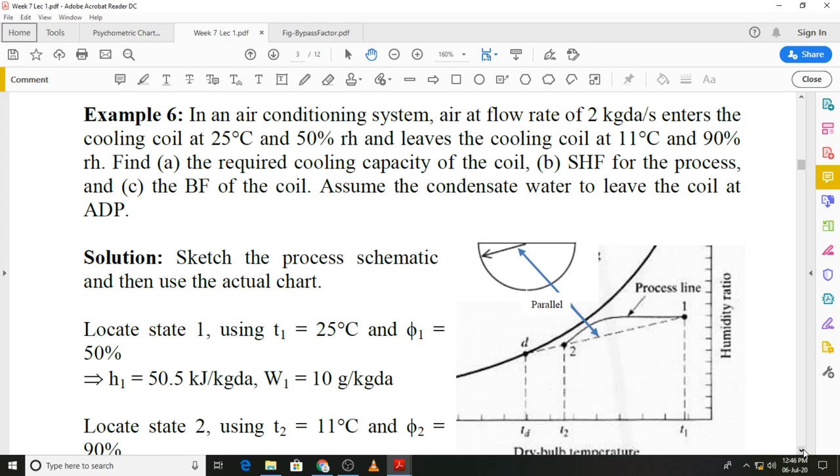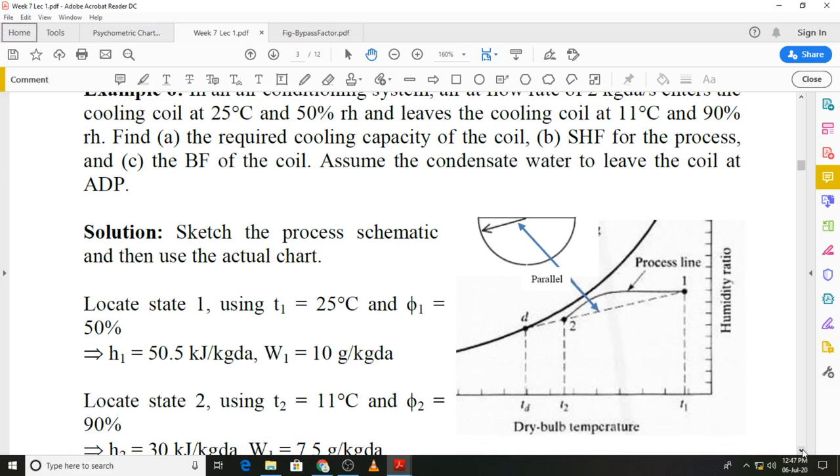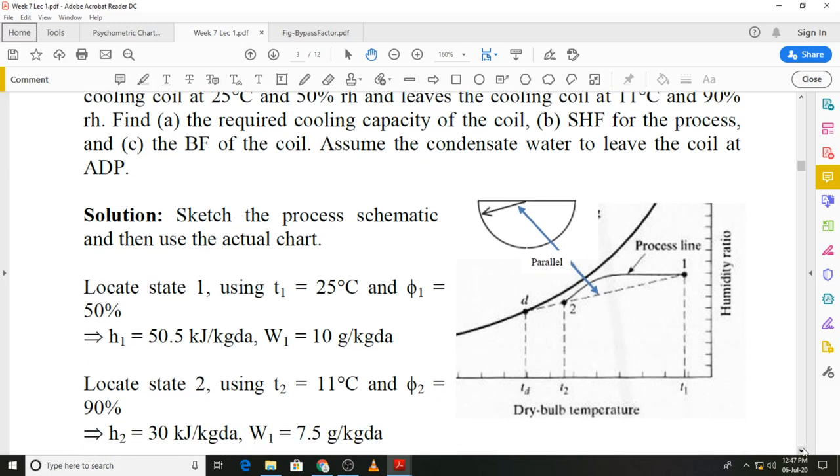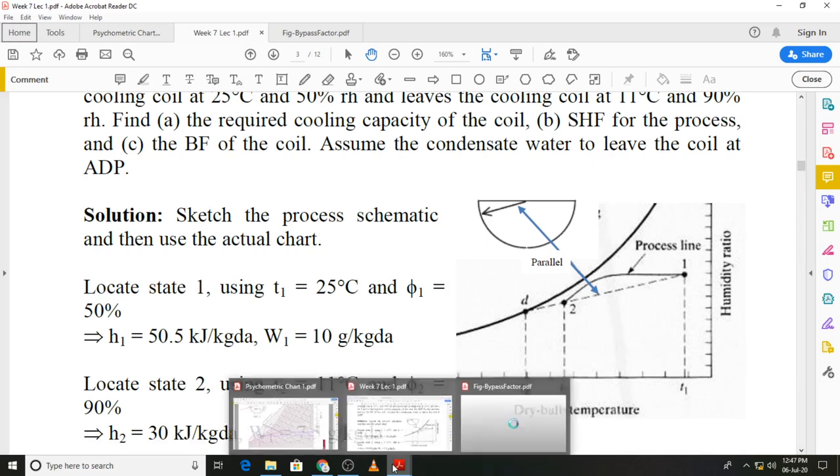So that is straightforward. Once we have done that, we can find the specific enthalpy and the humidity ratio at state 1, and the same can be done for state 2.